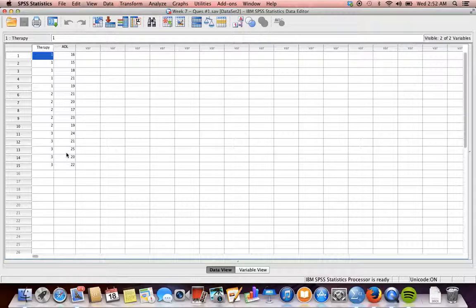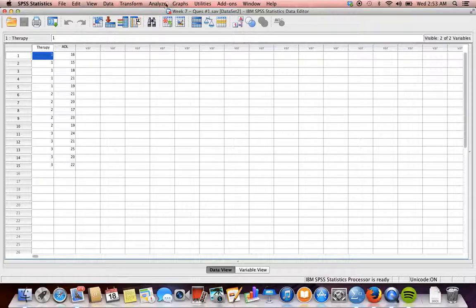When you run your analyses, you are to determine whether there are significant differences in the number of daily activities according to the type of therapy the participants were in. Basically, the question is, did the type of therapy make a difference on the number of daily activities?